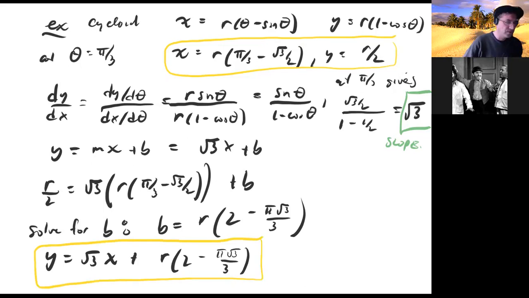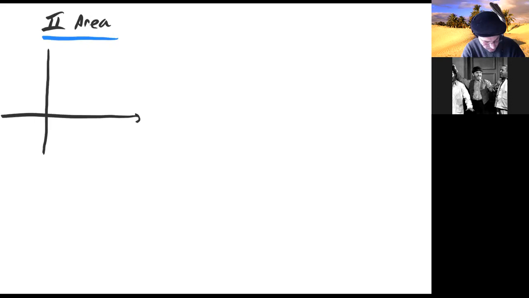Okay, that's enough derivative calculation. Now I want to talk about the area problem for a parametric curve. Let's recall that if f of x is a function, greater than or equal to 0, between a and b, we want to compute the area under the curve.